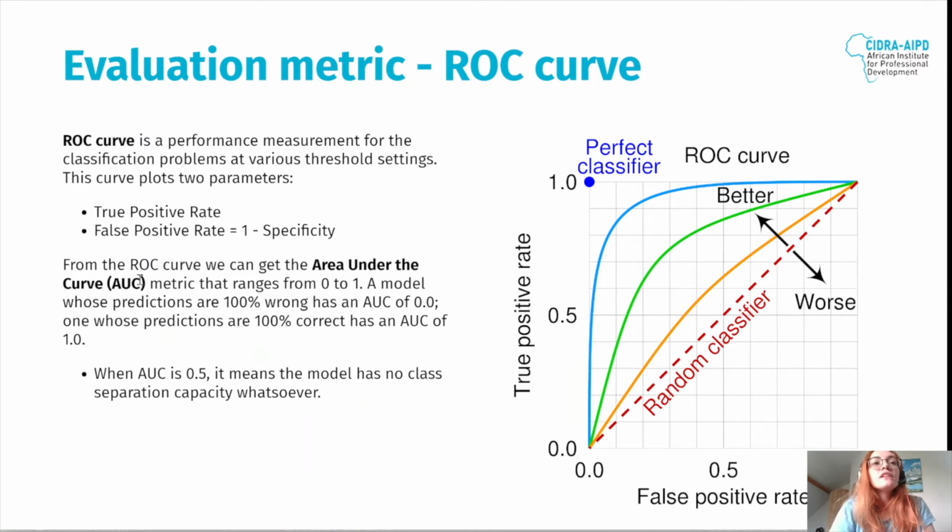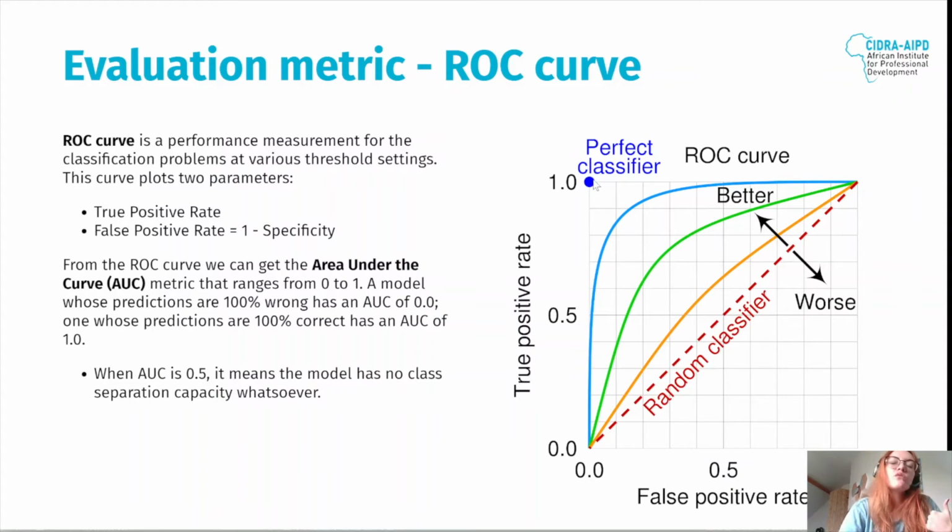And from the ROC curve, we can get what we call the area under the curve. So for example, here, this is the curve. So this part here would be the area under the curve. And this can go from 0 to 1, because imagine that you're super awesome here.